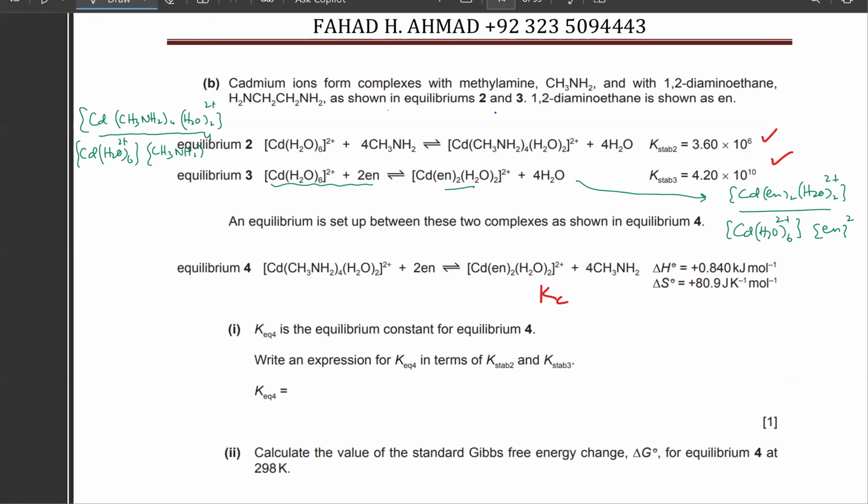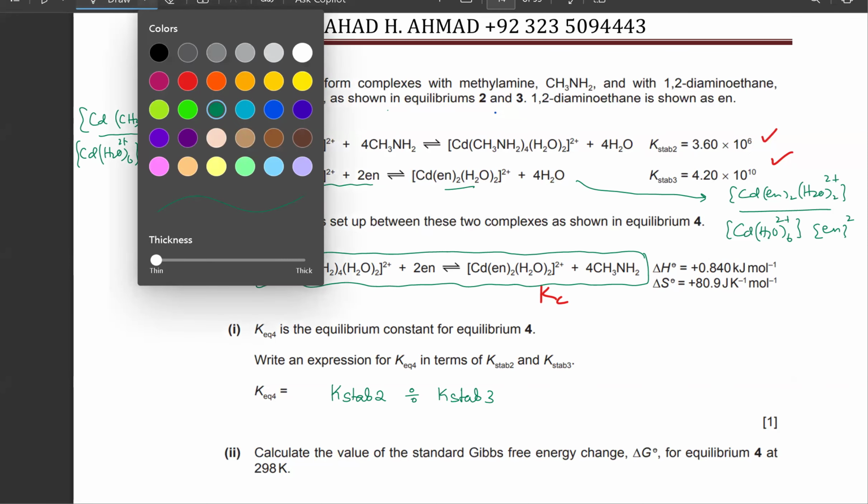So I just need to somehow figure out the expression. It's just a 1 mark question, by the way. So what is the expression for this one, in terms of K stab 2 and K stab 3? I think this is the numerator, so it's going to be K stab 2, and this thing is in the denominator, so it's going to be divided by K stab 3.